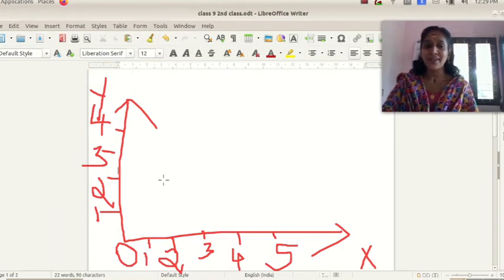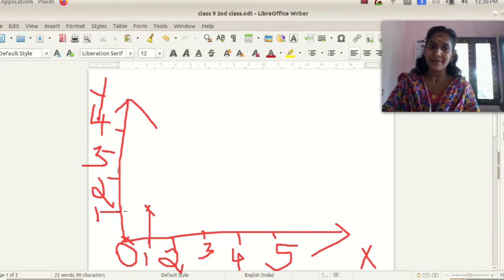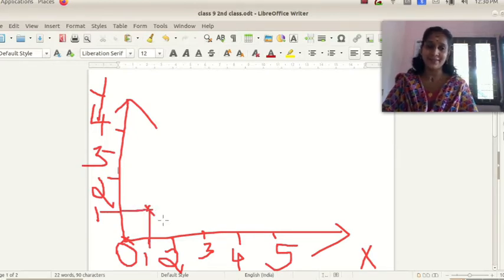We are going to plot the values here. At 0 second, our object, we consider as a ball, isn't it? So the ball is at 0 position and it moved to 1 meter, isn't it? It moved 1 meter. We can mark like this. We can draw a perpendicular like this for exactly marking.